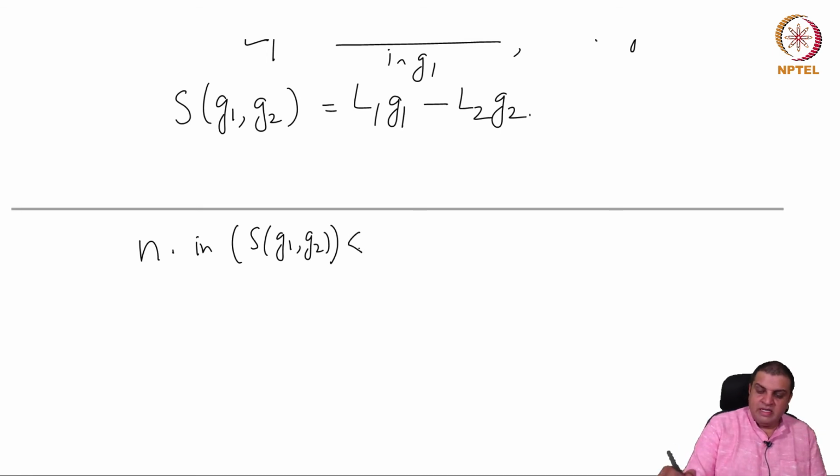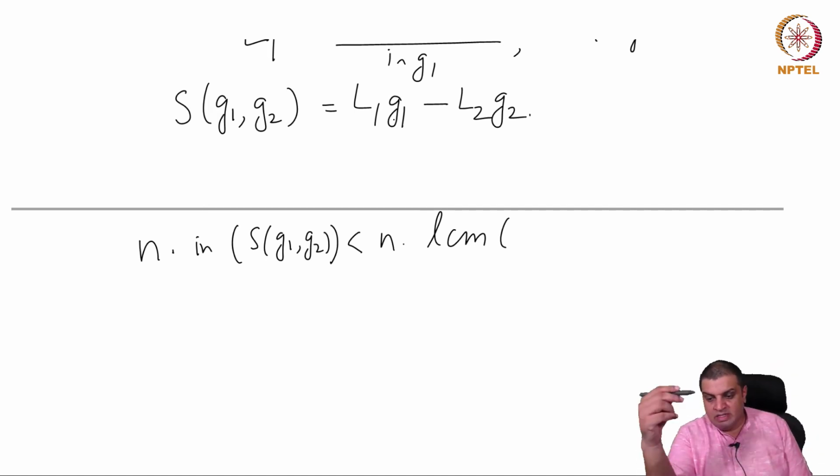this is going to be less than n times the initial term of the, we just need n times the LCM. So remember, for L1 G1 the initial term is the LCM, and for L2 G2 the initial term is also the LCM.